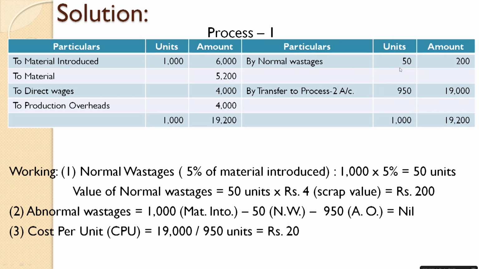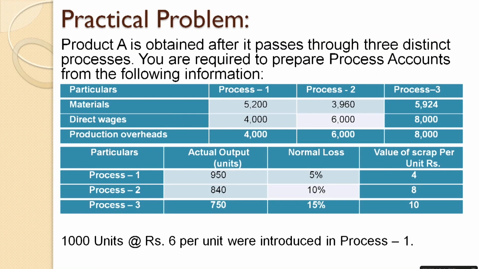Now here the 50 units we have already identified, but how can the amount and value of the normal wastage be determined? See the question once again. In the question, second table, third column, the value of scrap per unit is given. So process 1: 950 units is the output, 5% is the normal loss, and 4 rupees is the value of scrap per unit.